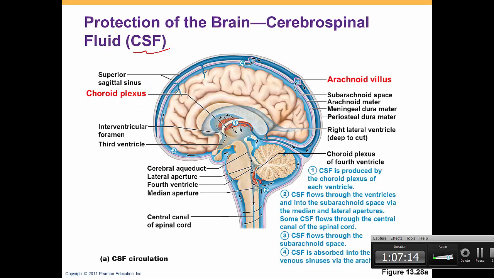So here is how your CSF is being made. Your CSF is made in the lateral and third ventricles, and it moves through the cerebral aqueduct to the fourth ventricle.